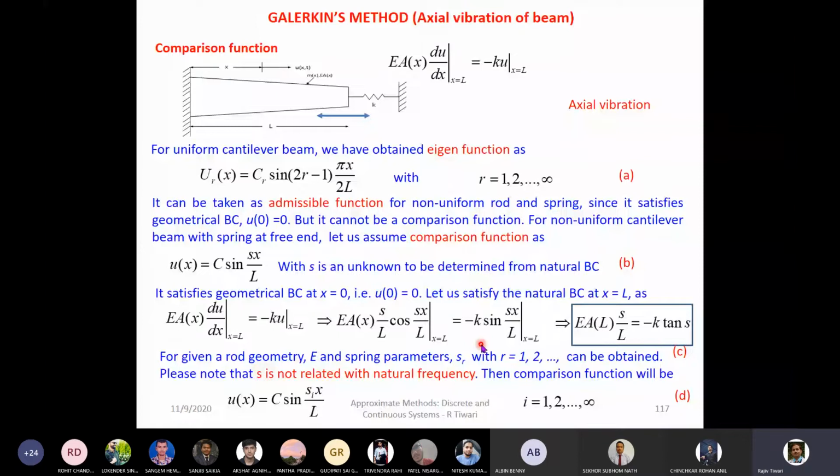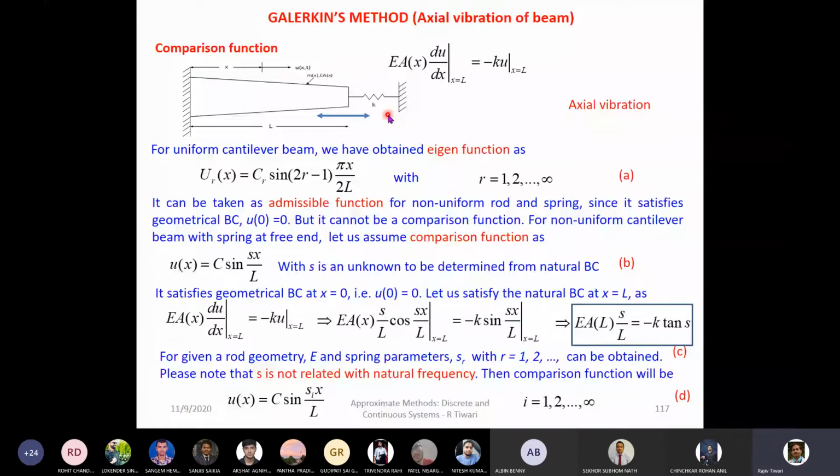That was a simply supported beam. Now in this, I just want to illustrate how, if the boundary condition contains more complex things like a spring or a disk, then how we can tackle that, and how we can obtain the comparison function or admissible function for that.